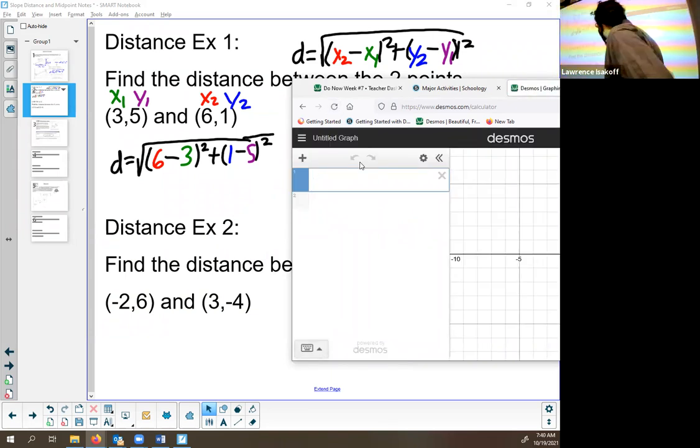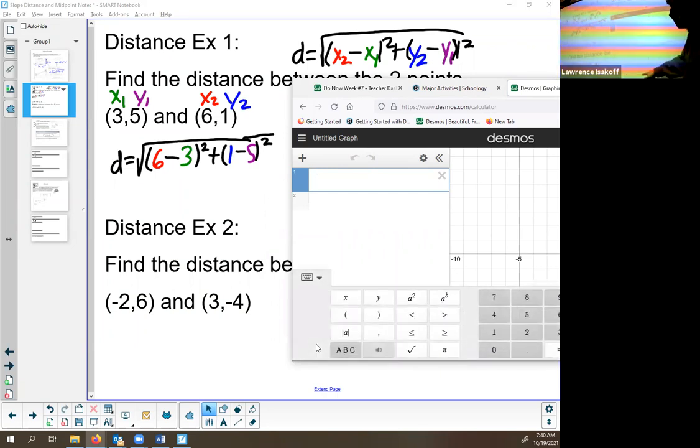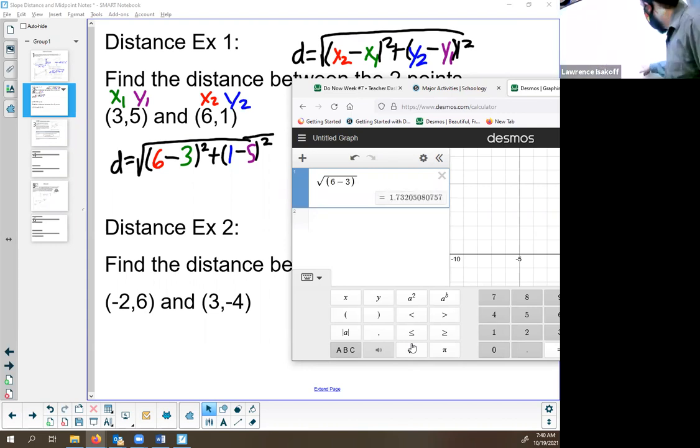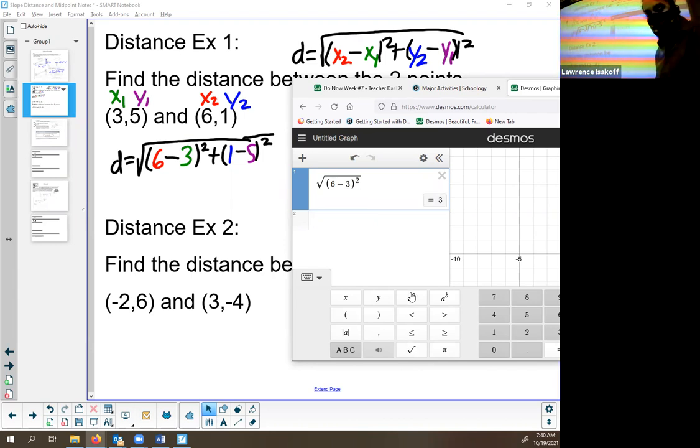So I'm just going to start with the square root. The square root symbol is found right here at the bottom of the keyboard. Then it says parentheses 6 minus 3. And then to do squared, I can hit A squared right here, or you can hit Shift 6 and then put a 2.